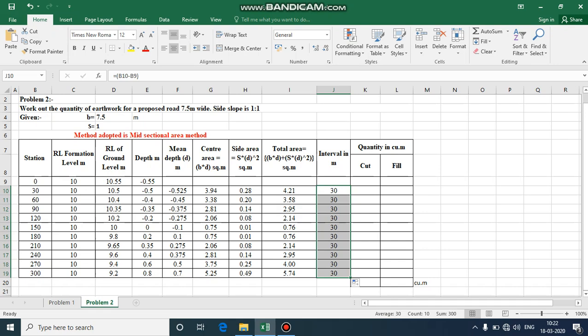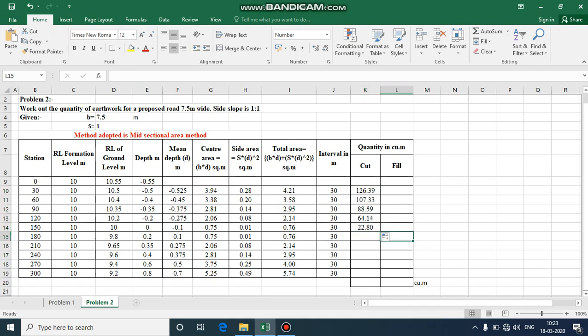Then quantity of earthwork in cutting part is calculated for negative depths, and quantity of earthwork in filling will be calculated for the positive depths. That is equal to, I have to multiply the area with corresponding intervals, only for negative mean depths.